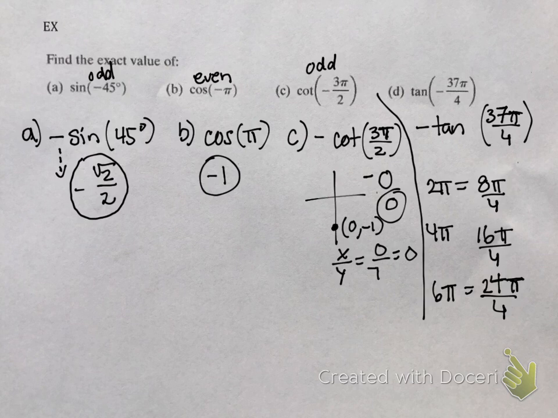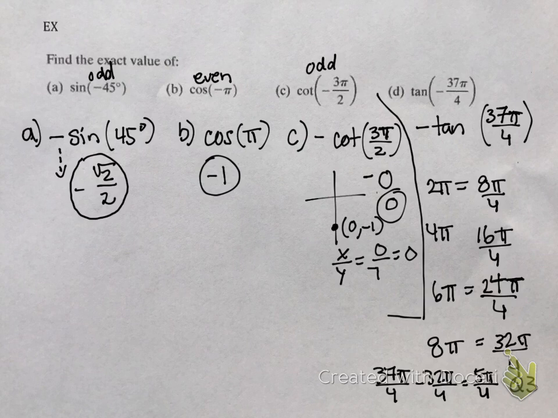And then 8 pi, keep on going because we haven't quite hit it yet, is equivalent to 32 pi over 4. Now we're getting close. If I use 37 pi over 4 less 32 pi over 4, I get 5 pi over 4. Now I know where I'm at. I'm in quadrant 3.